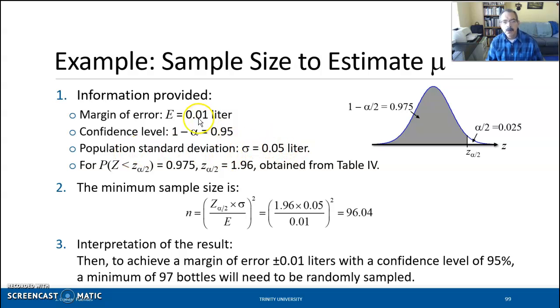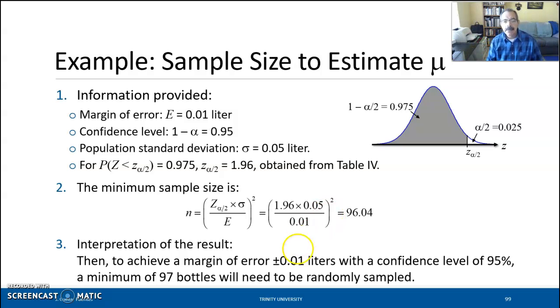All right, so with these numbers, we then put them into the equation for the minimum sample size. And so z is 1.96, the standard deviation is 0.05, and we divide that product by the margin of error. We square that, and you get 96.04. And remember, once you calculate the sample size, always round up.